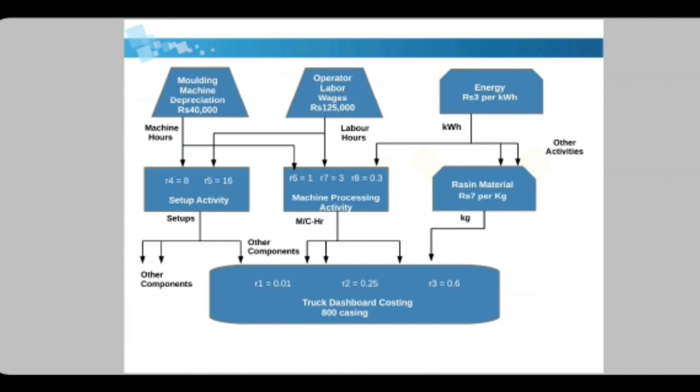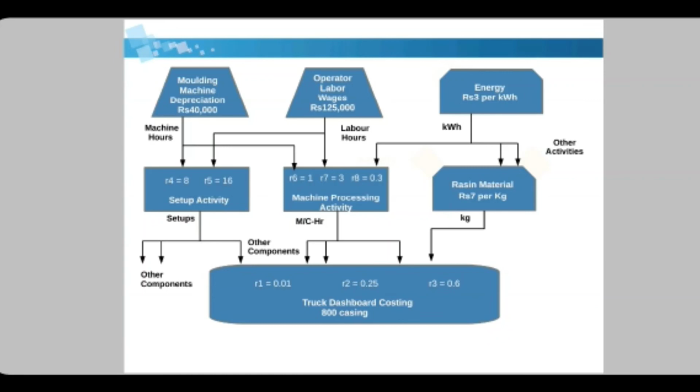And R3 is 0.6, so for one casing, 0.6 kg of resin material is used. So total resin material is 800 into 0.6, total machine processing is 800 into 0.25, and total setup activity is 800 into 0.01.